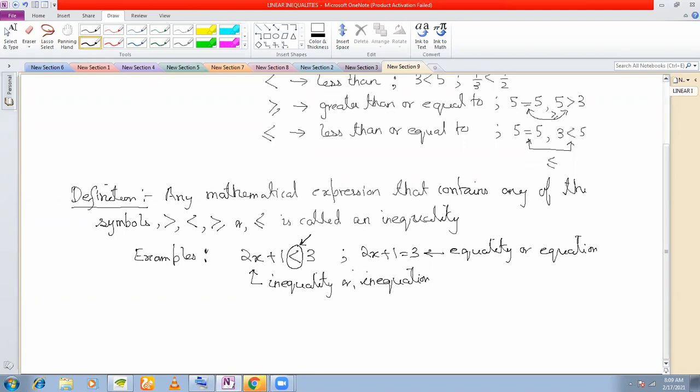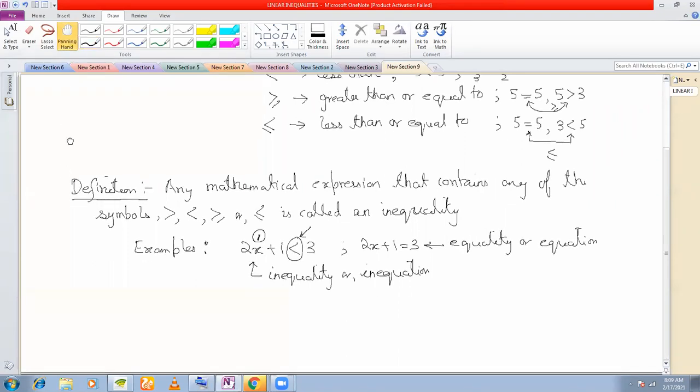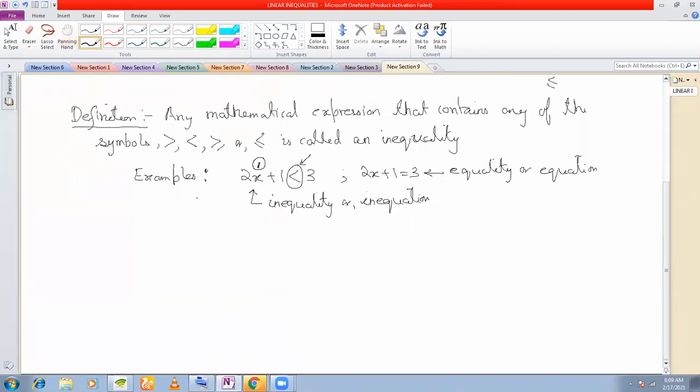Now the question is, why is the word linear there? The word linear is there because the power of x is 1. If you see, in this inequality, the power of x here is 1. So therefore, the term linear. If the power of x is more than 1, then you cannot call it linear. Another example can be x less than half.